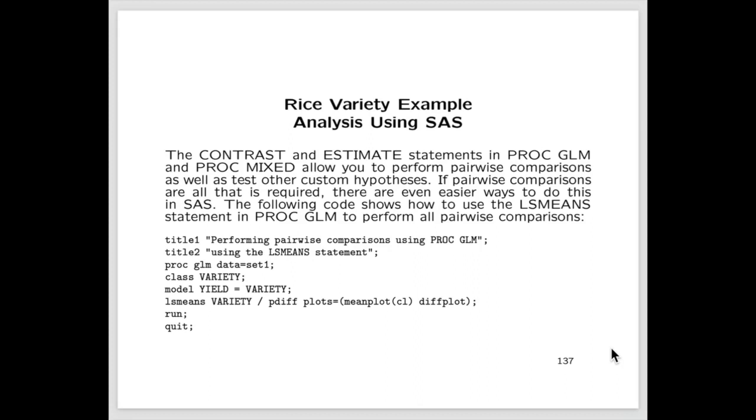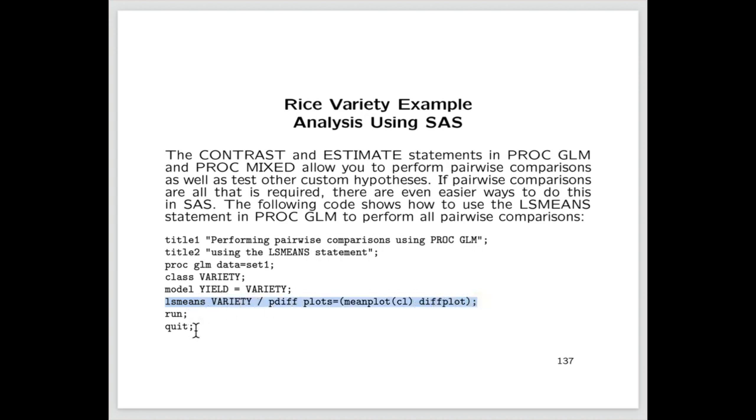The following code shows how to use the ls mean statement in proc GLM to perform all pairwise comparisons, and you can do the same exact thing in proc mixed. All right, and so instead of specifying the 6 different contrasts or the 6 different estimate statements, if all we want are the pairwise comparisons, then we just use this line right here.